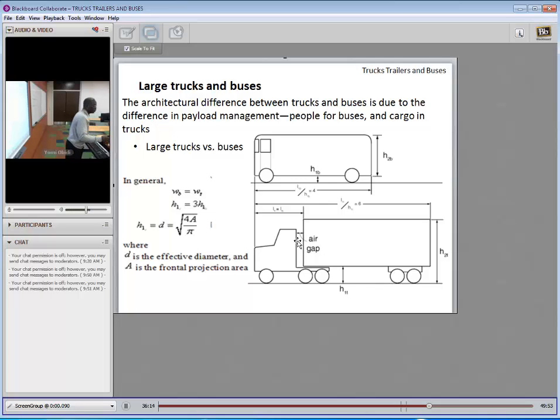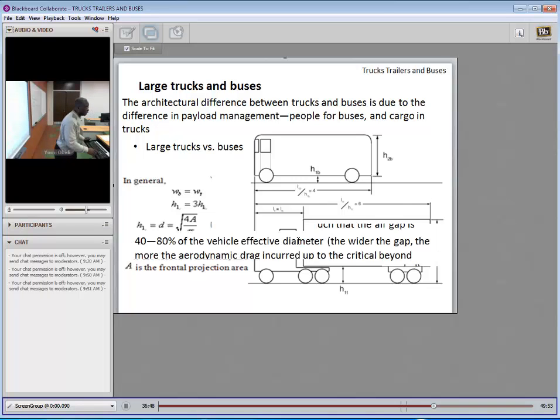So in the modern designs, the design has been such that even that air gap space is used a lot now, so that what used to be the entire air gap space is used now, and there's some air gap space left for the semi trailer. But that space is reduced. It's not as much as it used to be before.